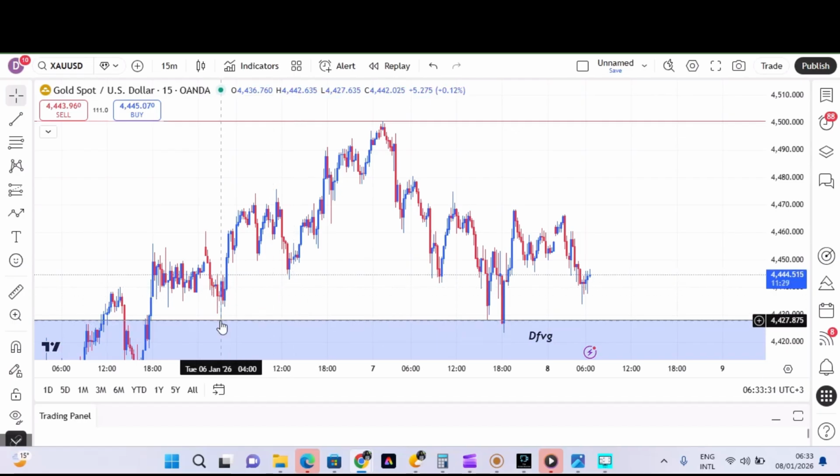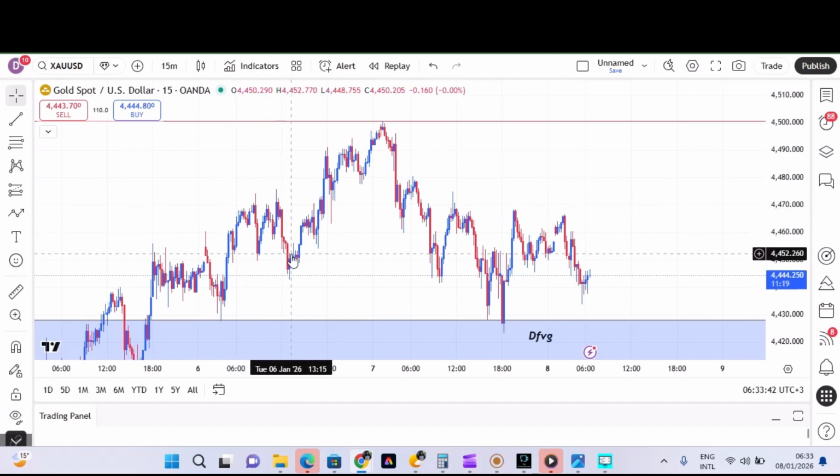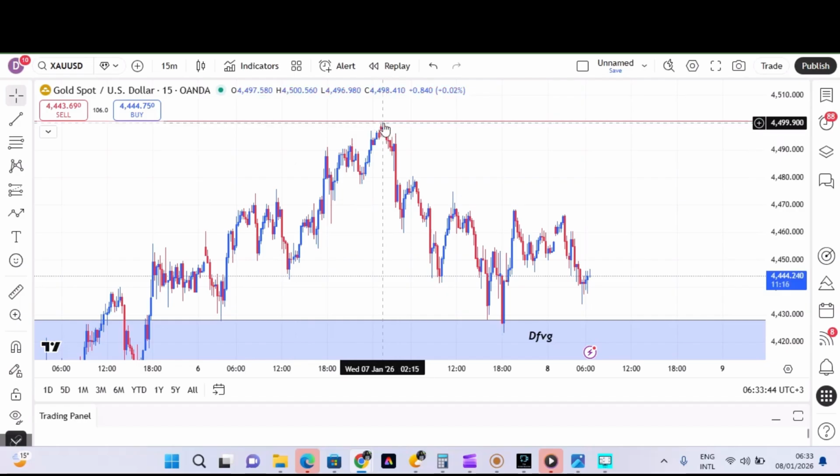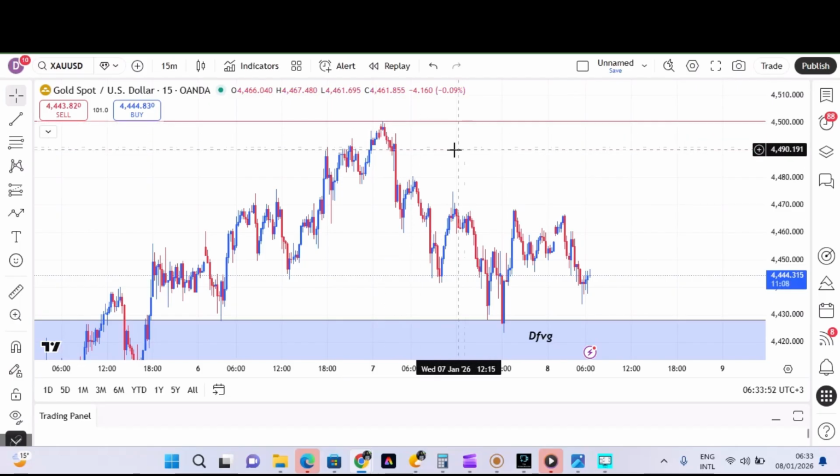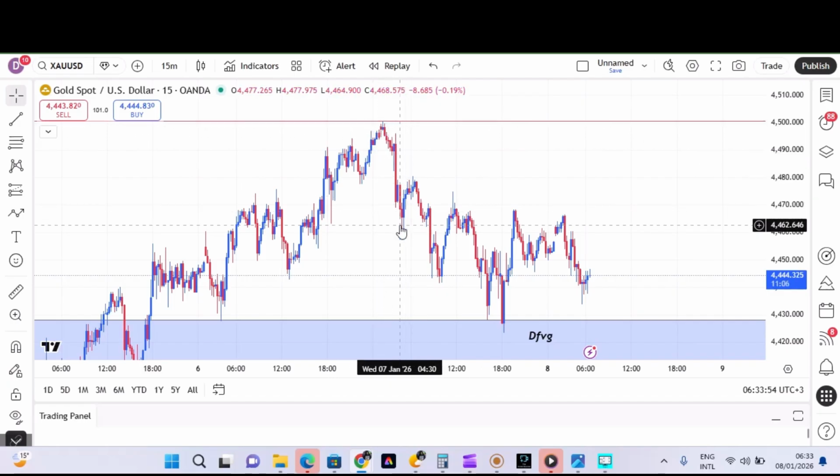So look at this wick tap in, okay, at 44.27, and the market went all the way, pushed to close to 45.00 price, okay, then again dumped.